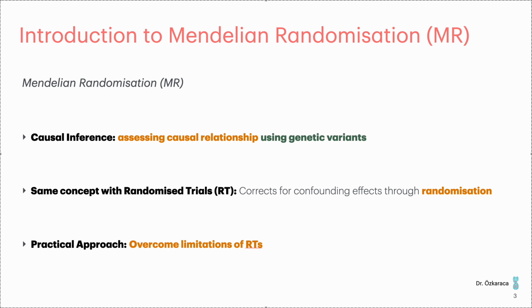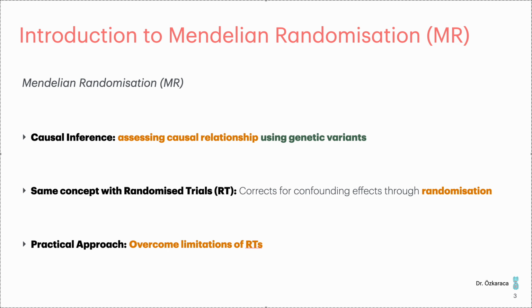Just like randomized trials use randomization to control for confounding, MR uses the principle of genetic randomization. During meiosis, genetic variants are inherited randomly and are independent of environmental factors. This provides a natural way to correct for confounding in observational studies. I will talk about this in the following slides in more detail.